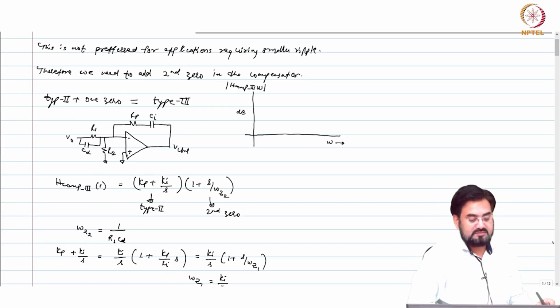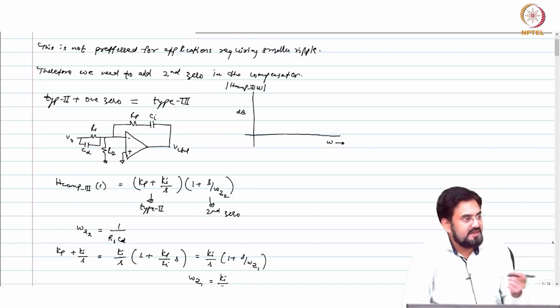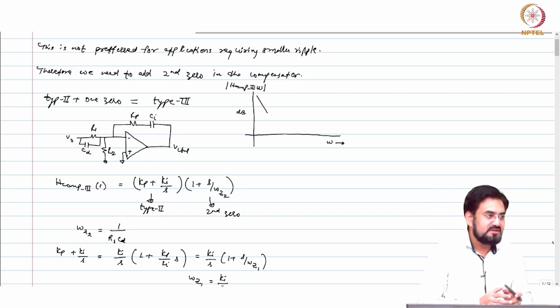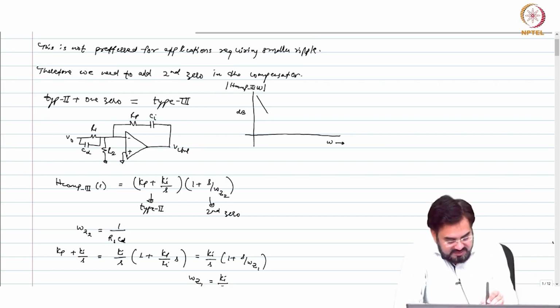So, what is the first thing you have here? You have an integrator, okay. So the first portion of this will look like a type 2. So in the type 2 you are adding one more 0. So the first 0 appears here. Then you have the second 0.